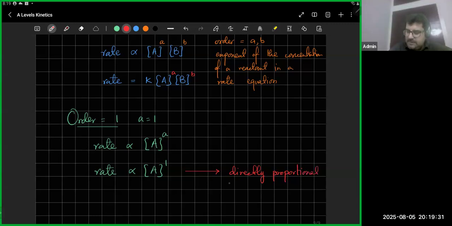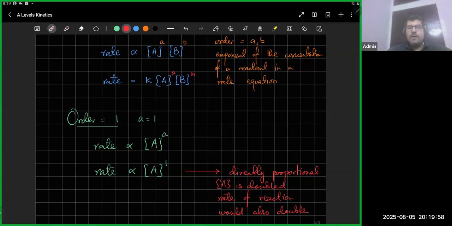What that means is, if the concentration of A is doubled, collisions double and the rate of reaction would also double.